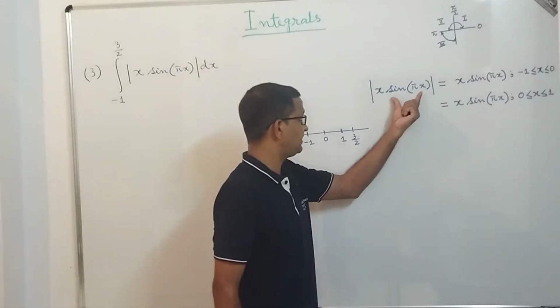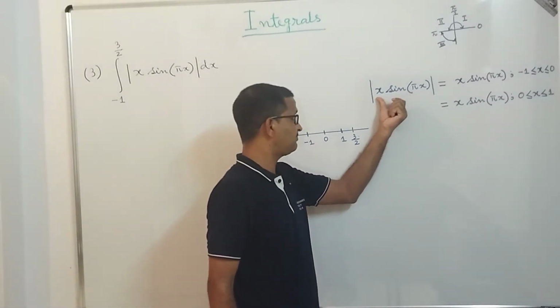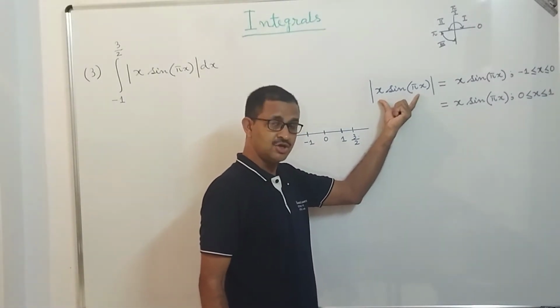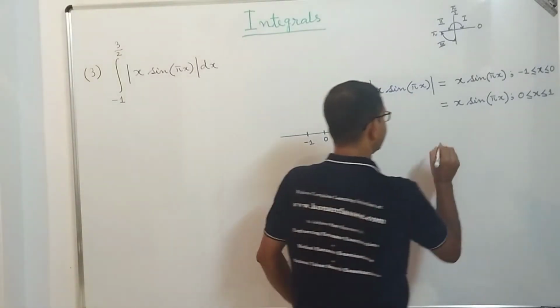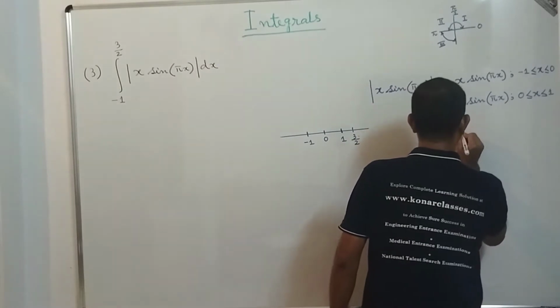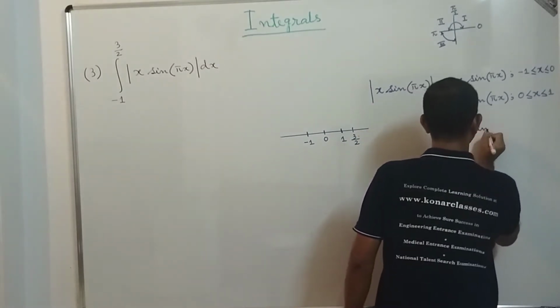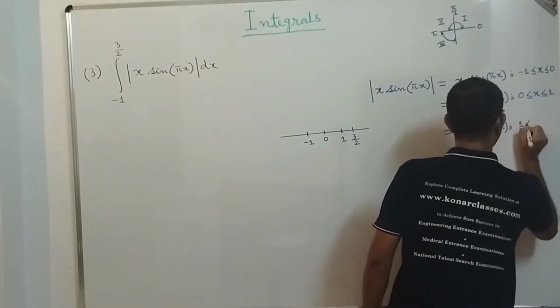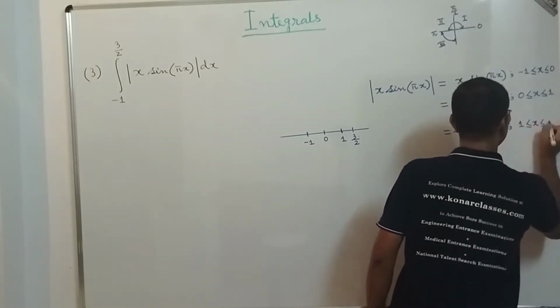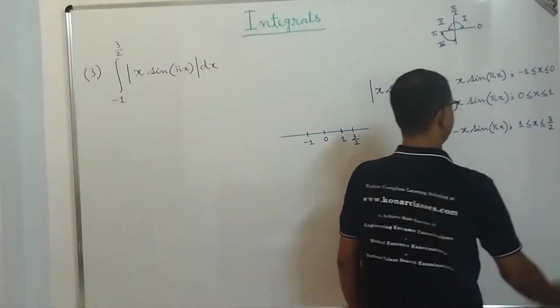So this will be negative and x is positive, so the entire thing is negative. How can we make it positive? If we multiply by negative. So this is equal to -x sin πx when 1 ≤ x ≤ 3/2.